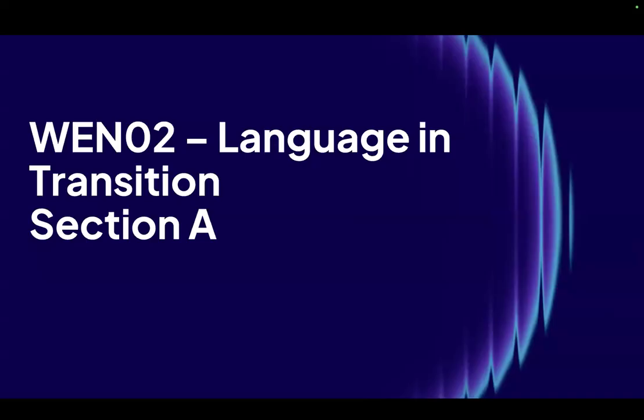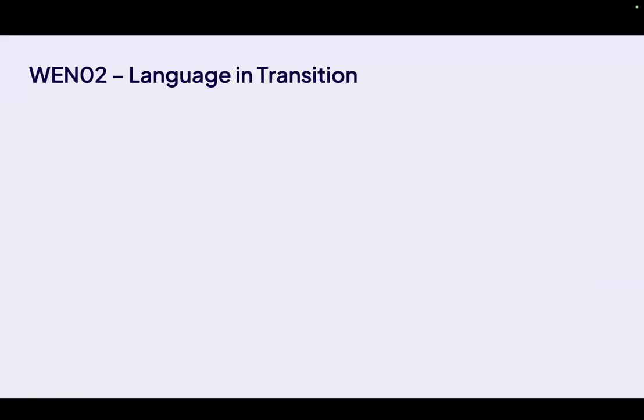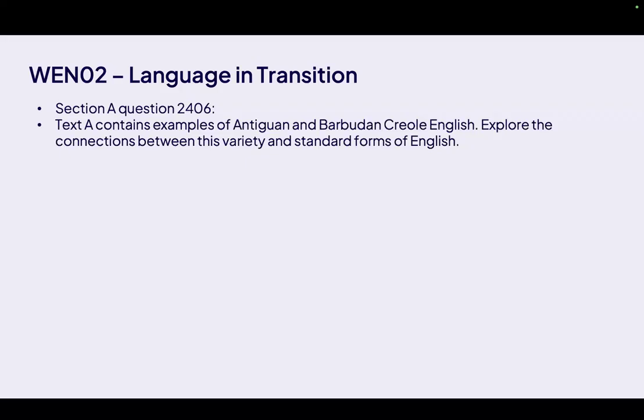So language in transition, I'm going to keep repeating that because it's really important that that's the focus of this paper. And section A, there is one question. So let's have a look at a typical question. For the purpose of exemplification, here it is. As I said, this is from the May-June 2024 series.